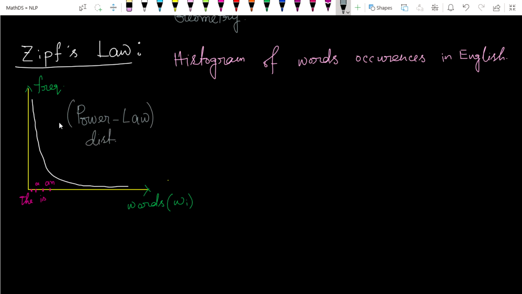Then you will find this kind of picture there. So the distribution of the frequency of the words is a power law type of distribution.